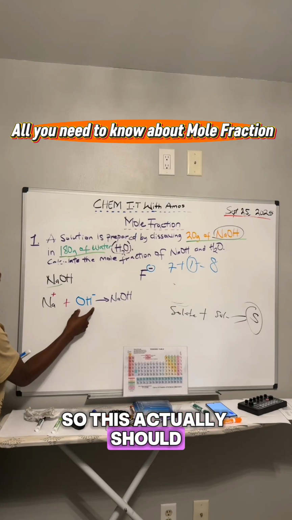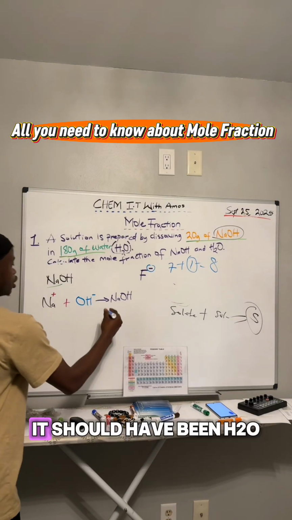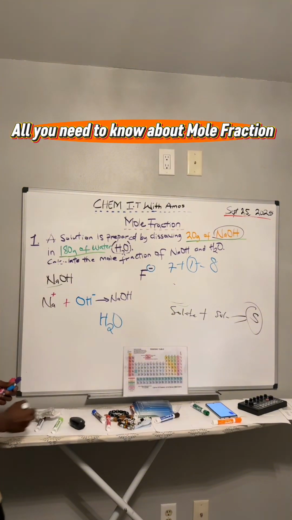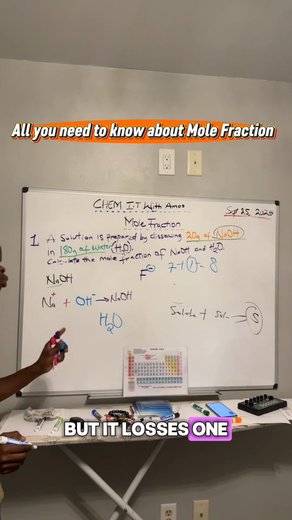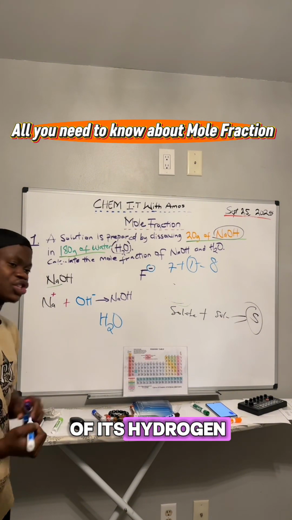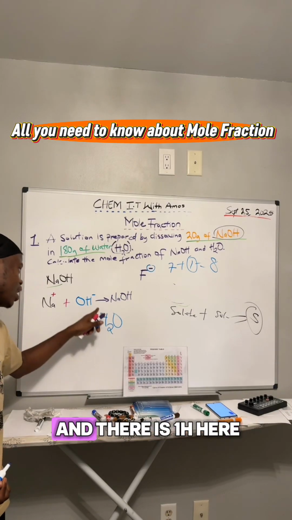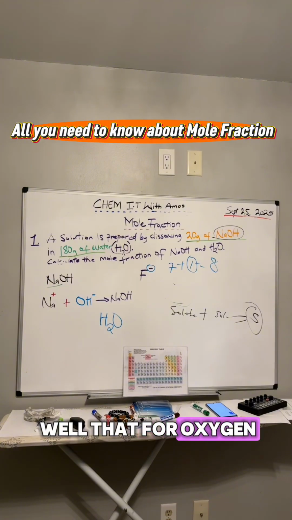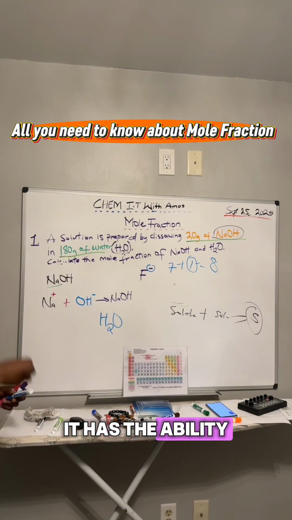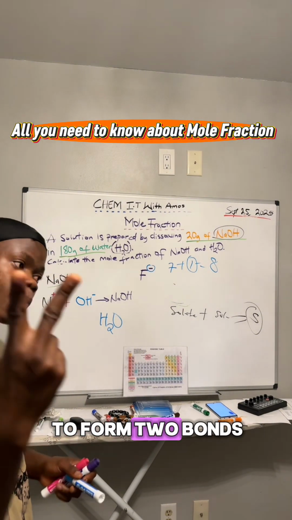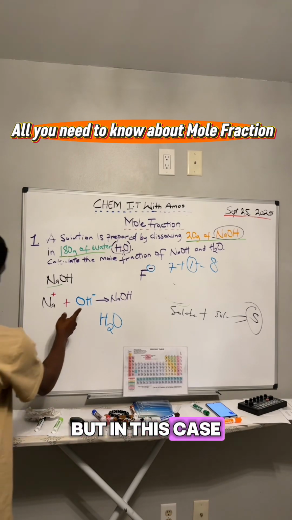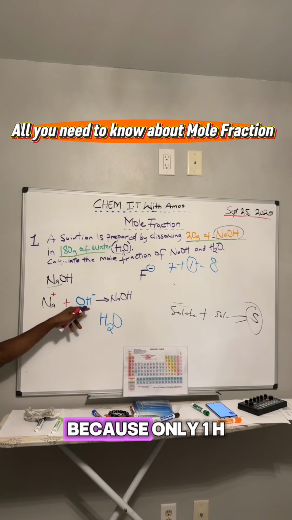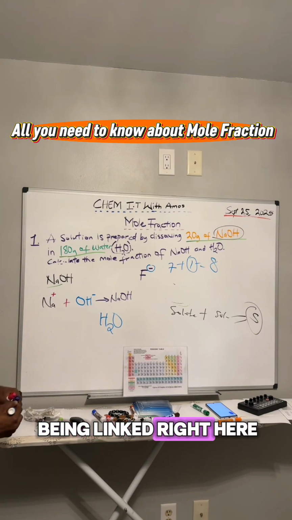So this actually should have been H2O, but it loses one of its hydrogens. We have 2 H here and there is 1 H here. We know fully well that oxygen has the ability to form 2 bonds, but in this case it's not forming 2 bonds, because only 1 H is linked right here.